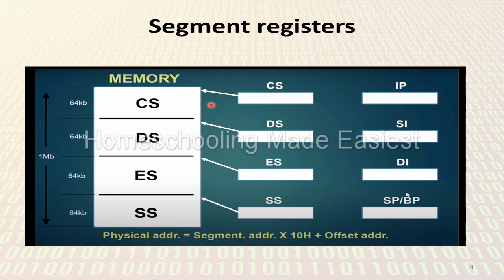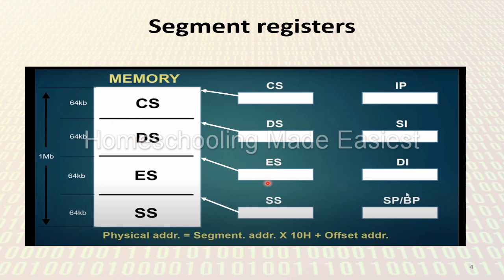And we have these registers in our Intel 8086 architecture that hold the addresses of these memory segments. The code segment register holds the starting address of the code segment in the memory. The data segment register holds the starting address of the data segment of the memory.